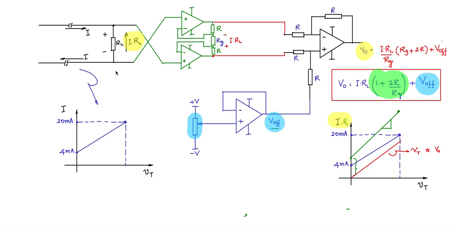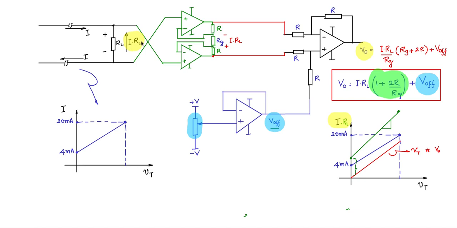So this is for a floating load that we discussed. However, in the case where the load is grounded, this point will be grounded, the minus point here, and likewise this ground will carry on up to this op-amp input. So this point will be at 0 potential, and the difference will still be IRL between this point and this ground point.